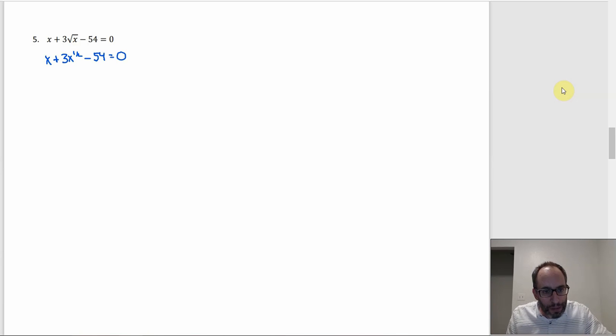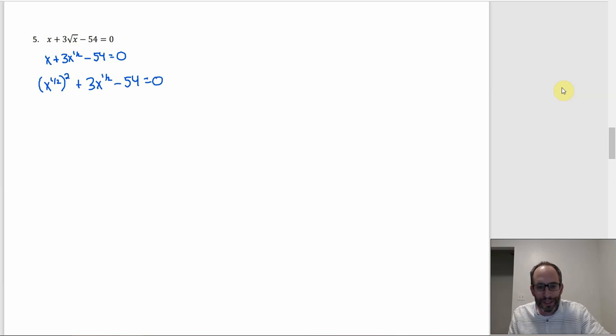And I guess maybe to make this slightly more explicit, you could write that x as x to the 1/2 squared, which seems like an overly complicated way of writing x, but I'm trying to write it so there's an x to the 1/2 in it, plus 3x to the 1/2 minus 54 equals 0. And now you can see, right, okay, yeah, x to the 1/2, that's the thing that you want to sub for.